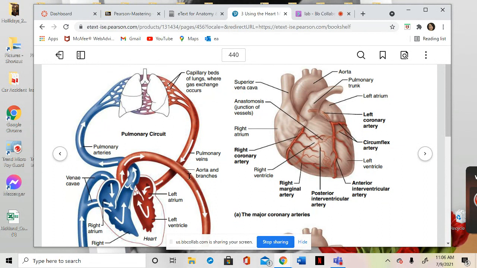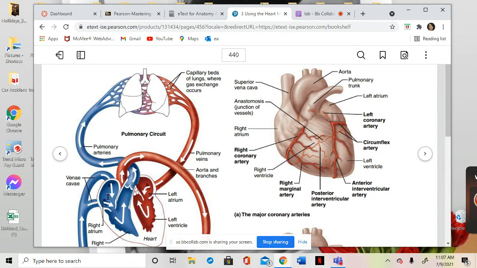All right, so if we go step by step, the right atrium receives oxygen-poor blood, blood that is very poor in oxygen, from the body via both the superior vena cava and the inferior vena cava, and the coronary sinus.